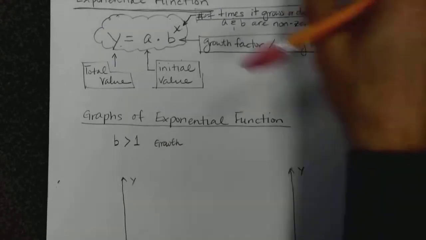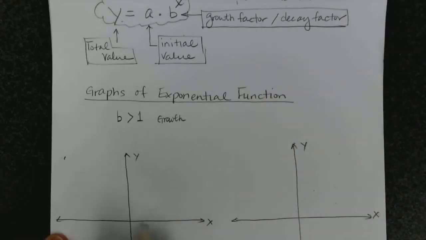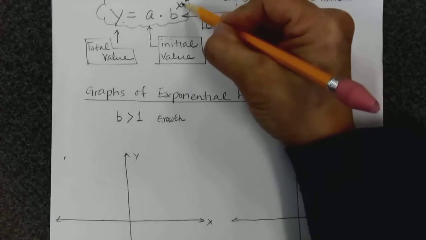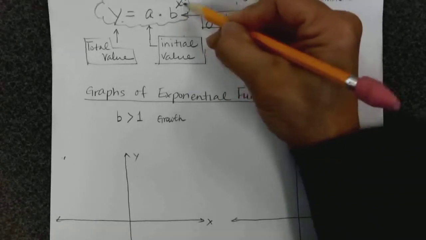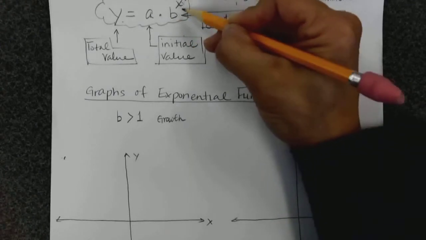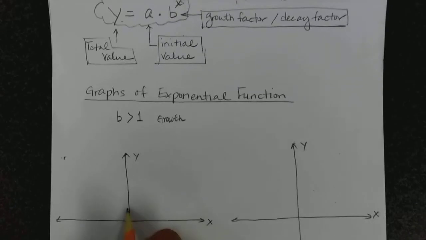And what that graph looks like is this. Now, when x is 0, if I plug in 0 for x in this equation, b being any number to the 0 power is 1. And 1 times a is a. So my y-intercept when x is 0 is our a.